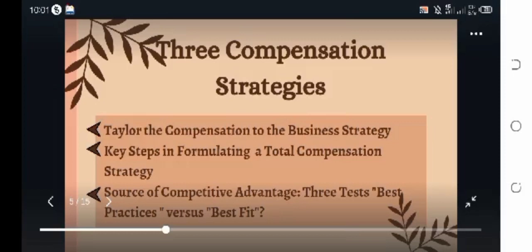tailoring compensation to the business strategy involves designing a pay system that aligns with the organization's goals. This includes performance-based incentives, skills-based pay, variable structures, career progression, market competitiveness, and holistic rewards.